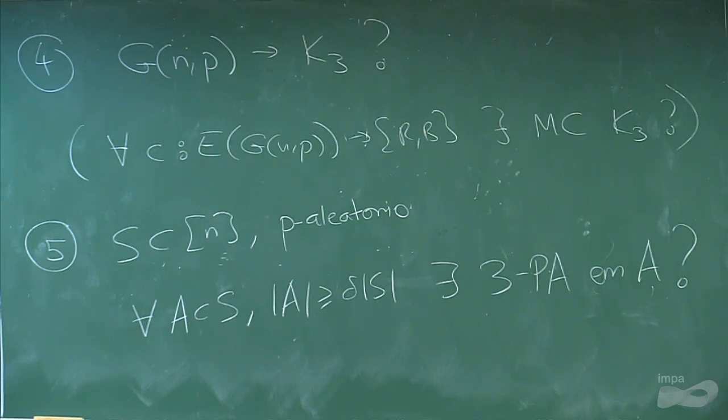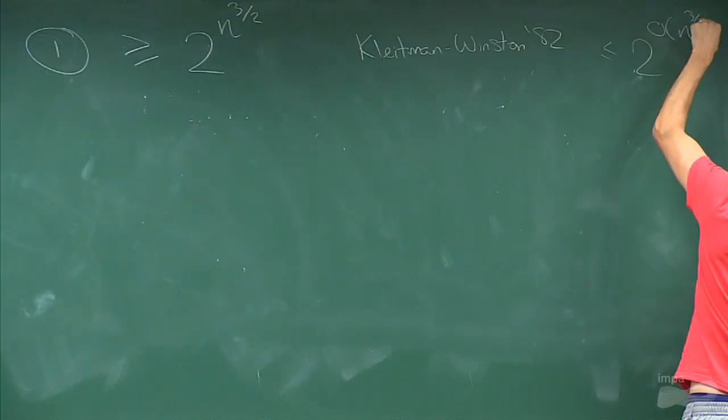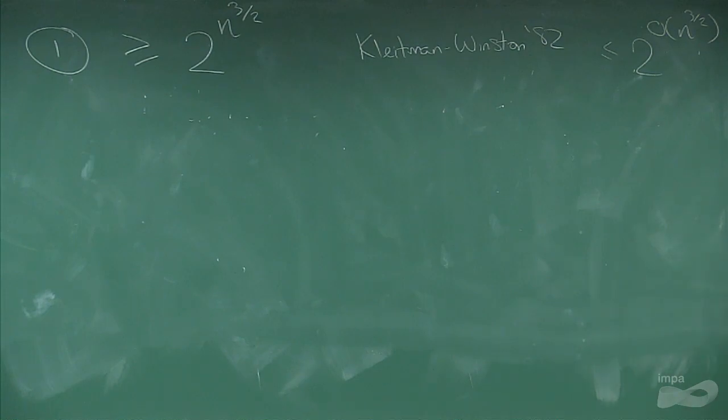Yeah, exactly. There's at least 2 to the n^(3/2), because you can take any subgraph of an extremal graph, and I told you that there exist these extremal graphs that look like projective planes. And it's a theorem of Kleitman and Winston from '82 that there are at most 2^(O(n^(3/2))).